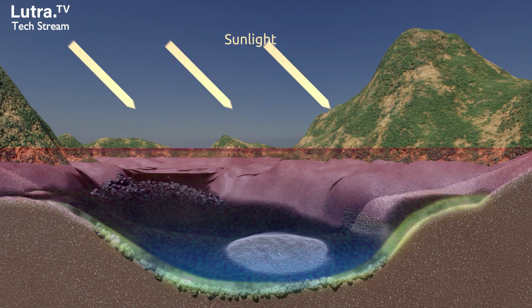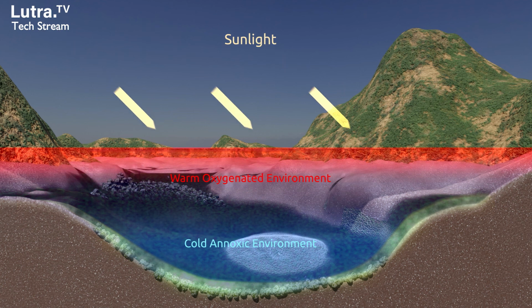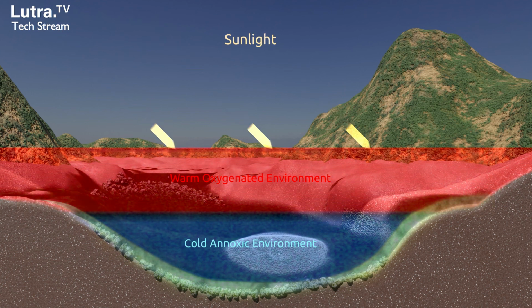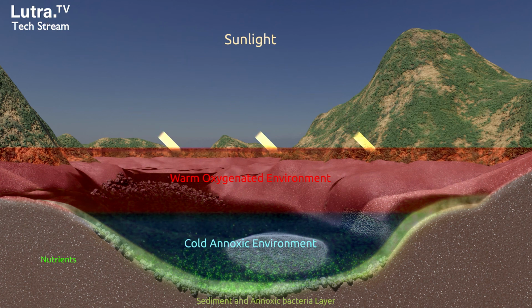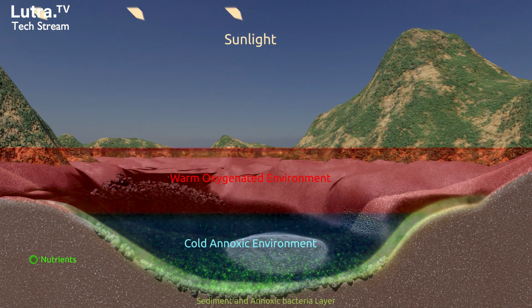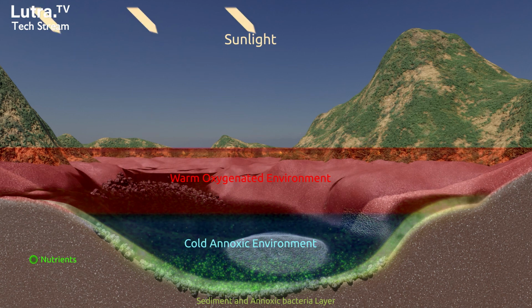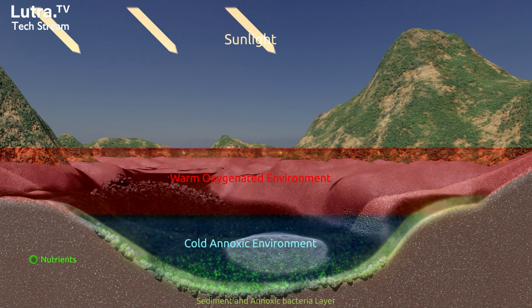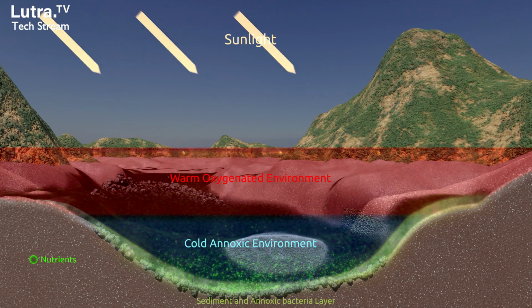And what happens is down in the bottom part of it, that gets anoxic, so there's not enough oxygen. And there's types of bacteria, microbes, that can live in that anoxic environment, and they'll start to release nutrients from the sediment at the bottom of that lake or reservoir. So this actually provides a fuel source for cyanobacteria and algae to grow on.